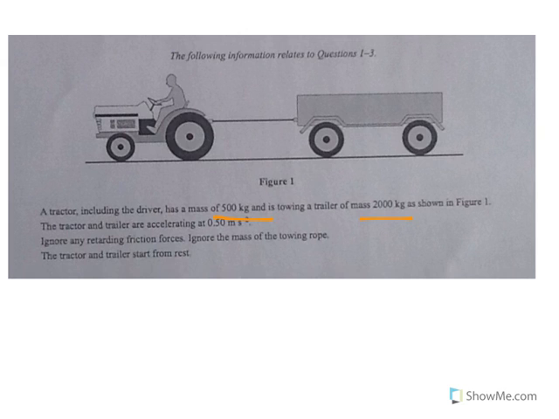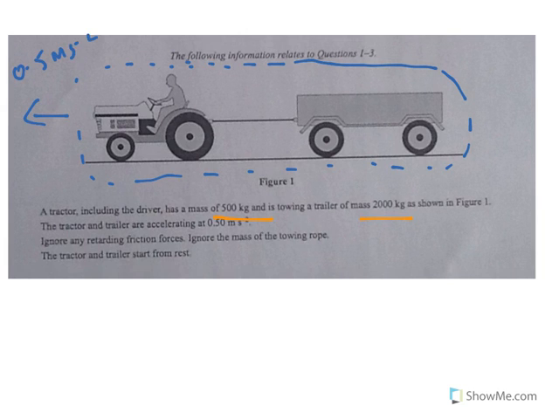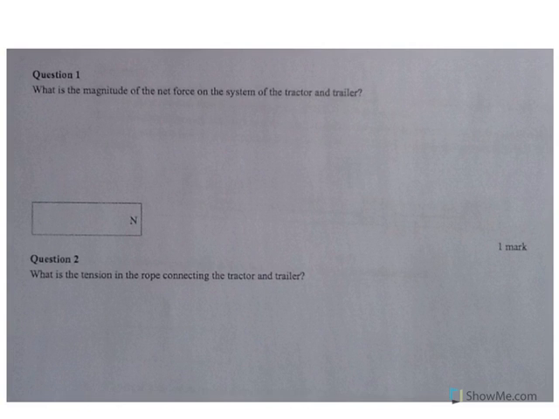And that's a key point there. What we're going to do is look at this tractor and trailer system that's all accelerating at 0.5 meters per second squared. And we're going to think about that system when we answer these questions. So let's redraw that.